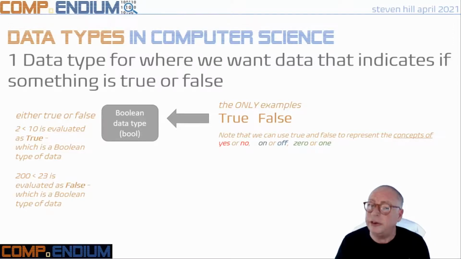So 2 is indeed less than 10. So we would store the evaluation of 2 less than 10 as true, and we would store that in the Boolean data type. Conversely, if you look at the example underneath, is 200 less than 23? No, that's false. So we would store the result of that expression, 200 less than 23. It's wrong. It's false.